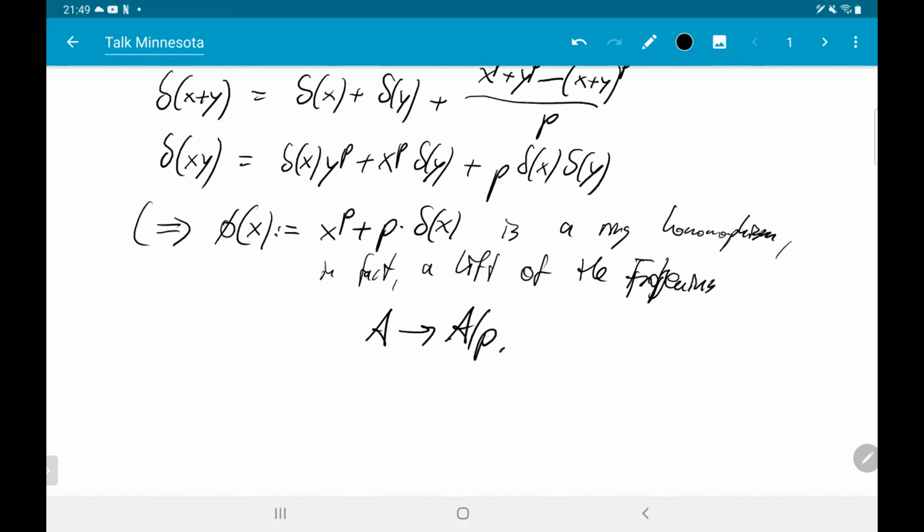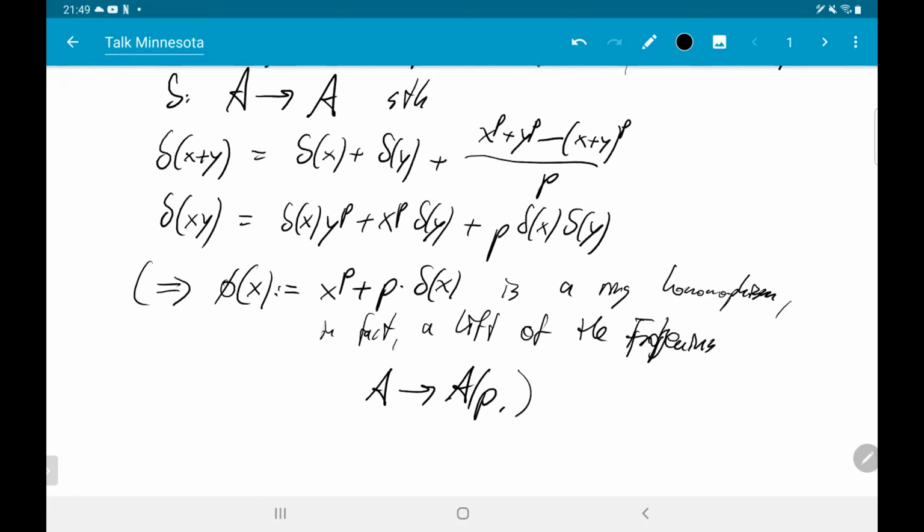A itself might not be of characteristic p, but you always have a Frobenius homomorphism down to A mod p that takes x to x to the p. And of course, if you have a lift of that, then phi of x must be congruent to x to the p mod p.